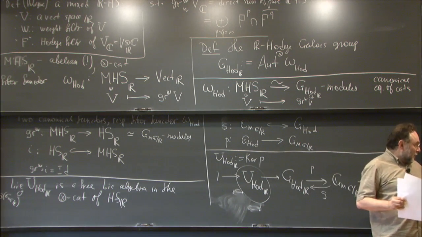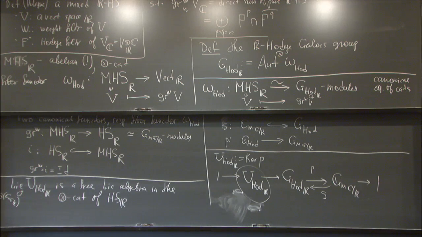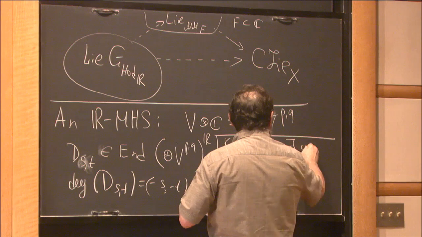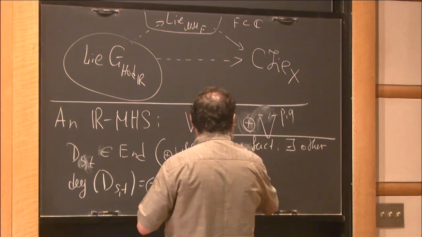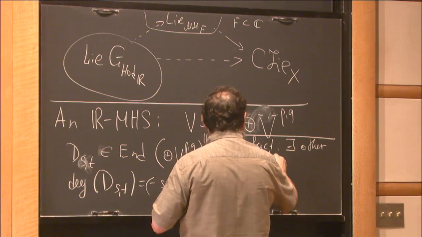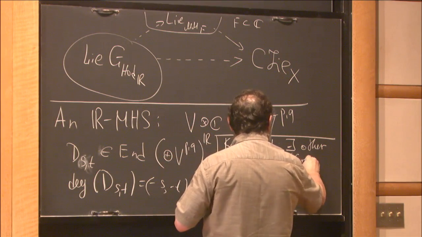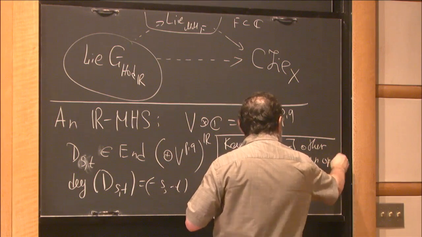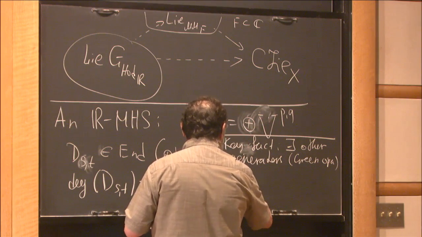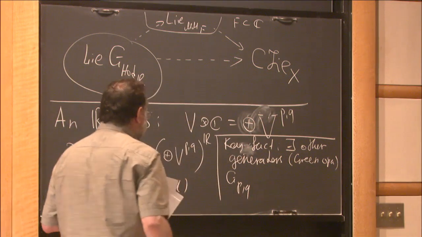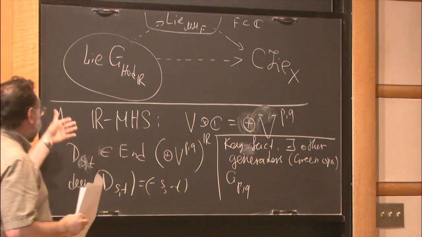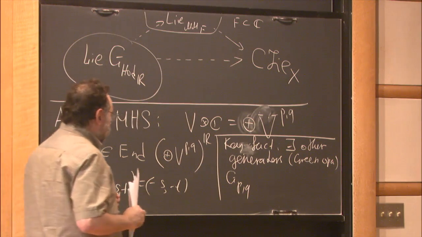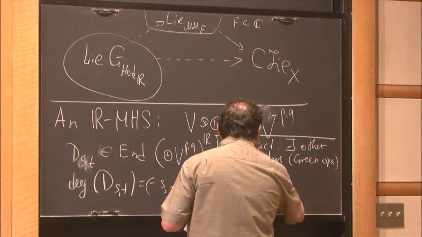So the key fact of life, key for us, is that there exist other generators. I call them green operators, let's call them GPQ. They are parameterized by the same data and have the same reality condition as those ones, and they behave nicely in families.